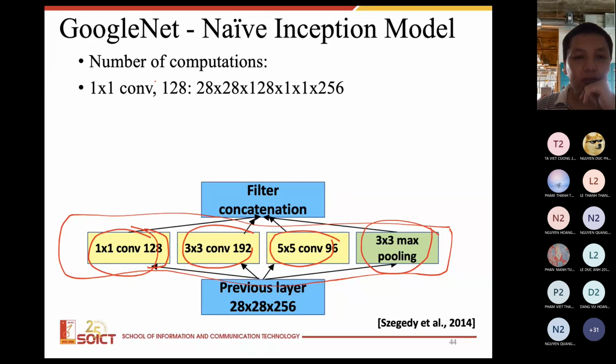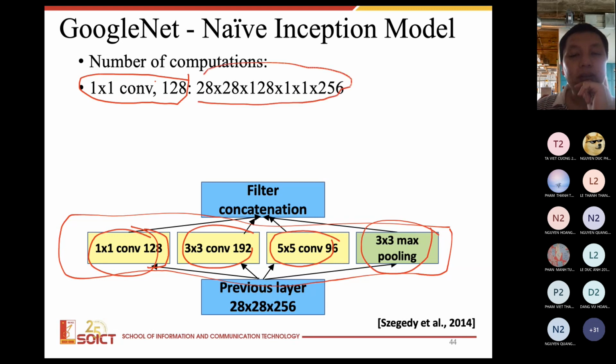Now let's discuss the number of computations. For the first 1 by 1 convolution with 128 channels, this is the number of computations: 28 by 28 by 128 by 1 by 1 by the input channels.